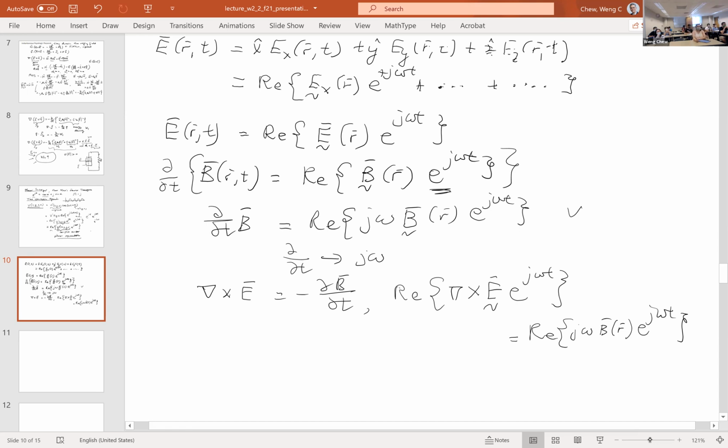But you realize that you can actually remove the real part. There are packages that you don't have to carry around yourself, and you can say this equation is the same as this equation. And I can even take out the e to the j omega t because it will be there everywhere anyhow.